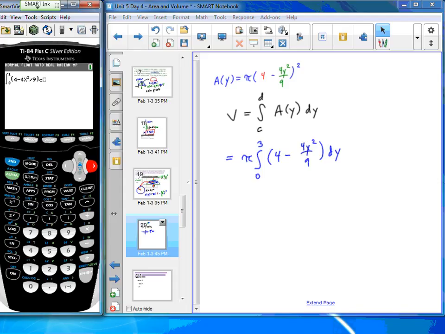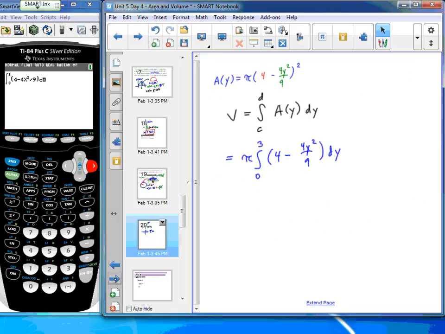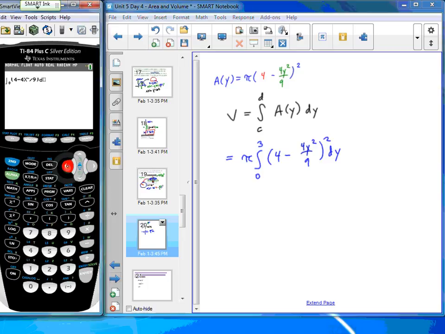Did we ever square it? We didn't ever square it, so we need the squared right here. Does that fix it? So in here, I'm going to need back to 4.